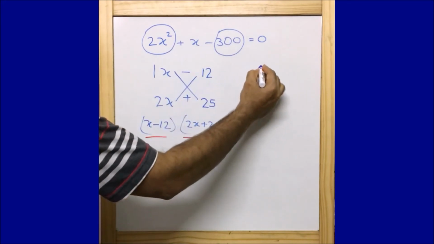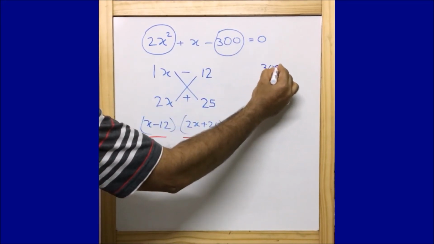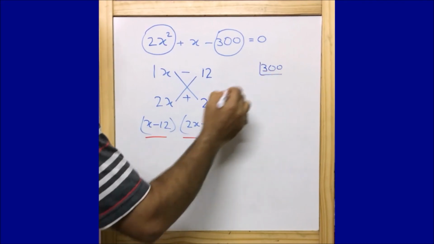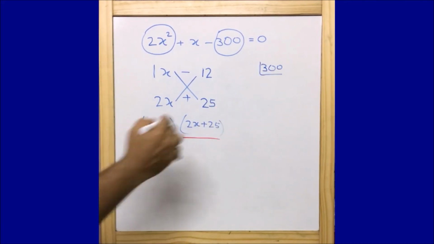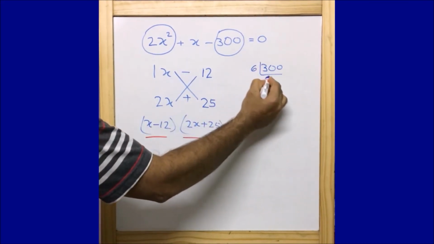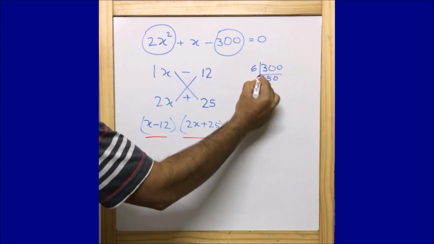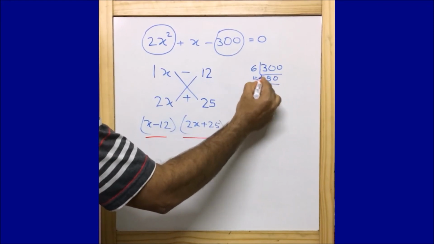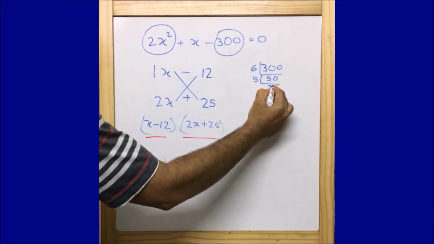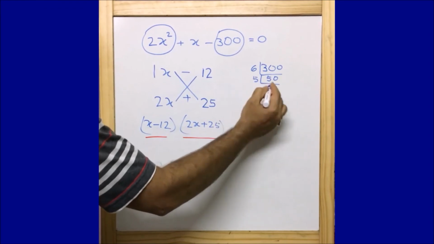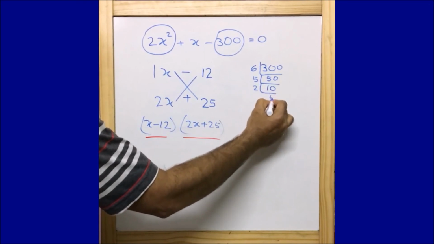But for that, what you can do, we can factorize that one, like 300. We can factorize 300 and we can see, like 6 5s are 30, I am getting 50, 5 25s, 5 10s are 50, and then I am getting 2 5s are 10.